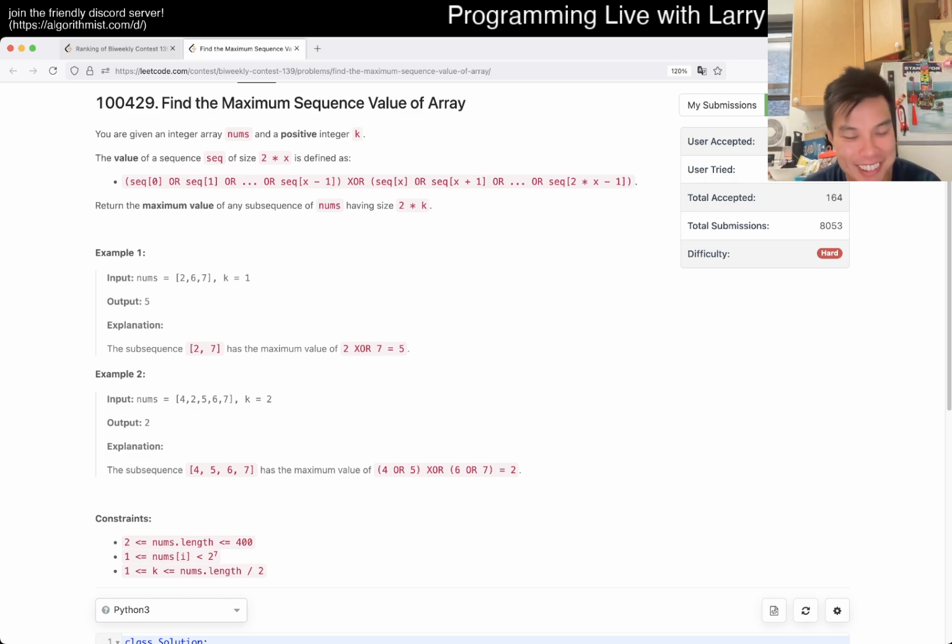How is this easier than the other one? How did I do the K part?